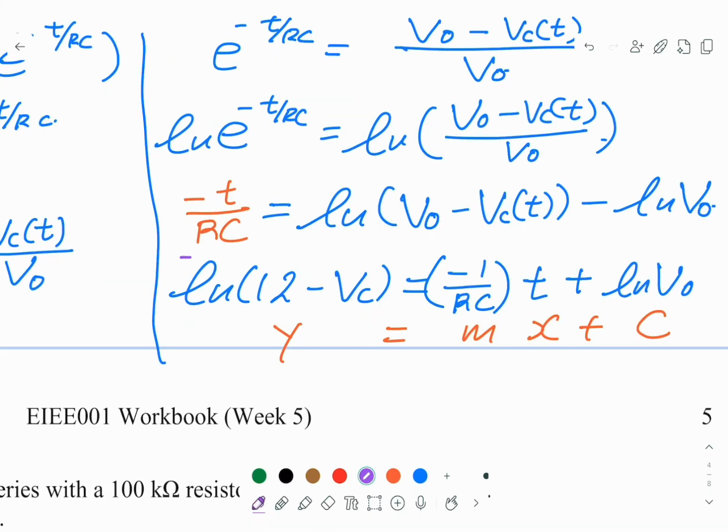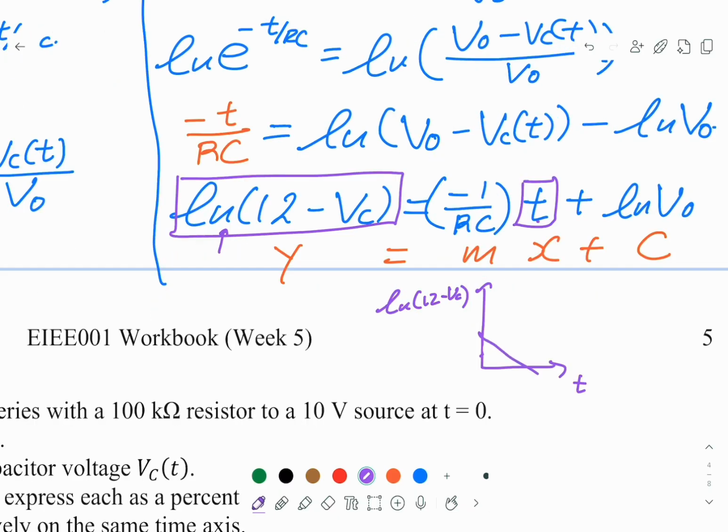So this is our y, this is our x. So if we plot y against t, the slope will be negative. It means the slope must be minus 1 over RC, and RC is our time constant.